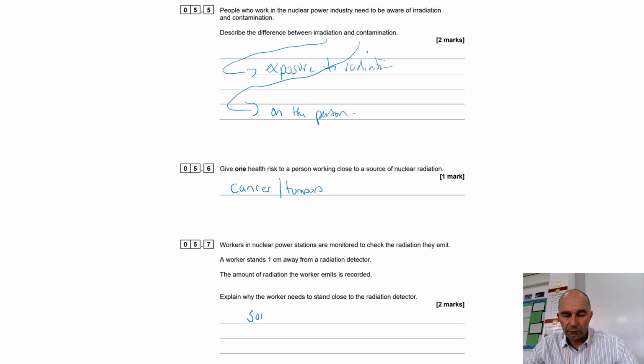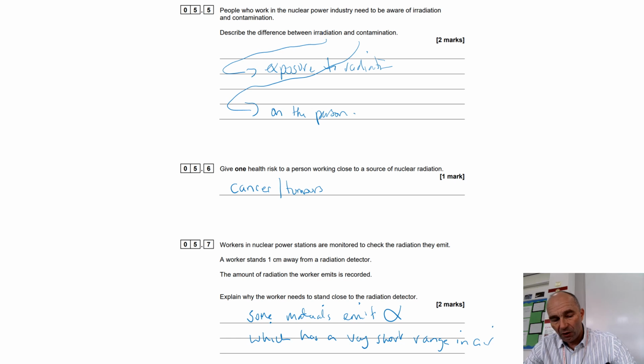So some materials would emit alpha radiation, which of course, as we all know, has a very short range in air. Remember, this is an explain question, so you need to give the reason behind it as well.